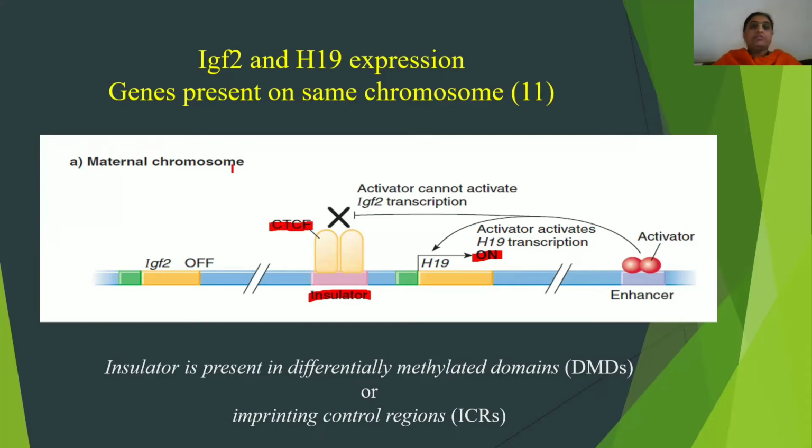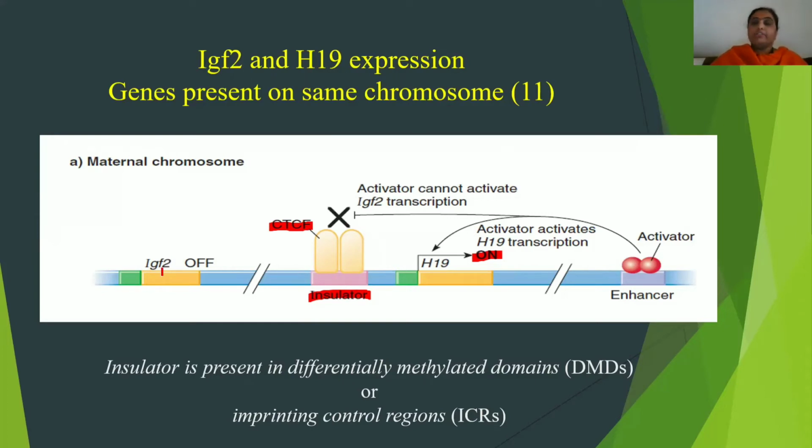So in the maternal chromosome there is a binding of CTCF to the insulator, and as there is a binding of CTCF, it does not allow the enhancer to act on IGF2. Means the expression of IGF2 is inhibited.